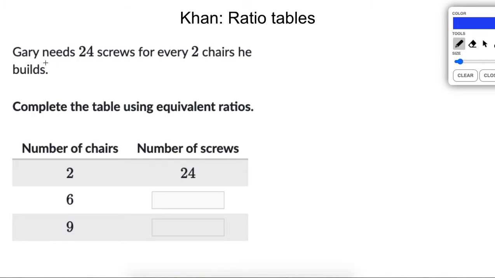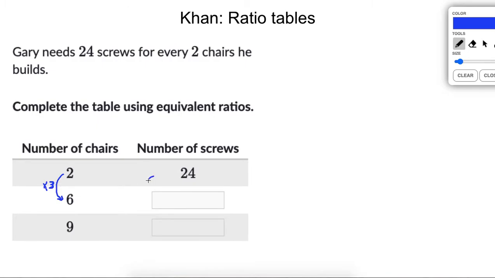So we have our situation here. Gary needs 24 screws for every 2 chairs he builds. Complete the table using this. So we have this first one we can just fill right in. We have 2 to 24. We can just multiply that by 3, because 2 times 3 gives us 6.